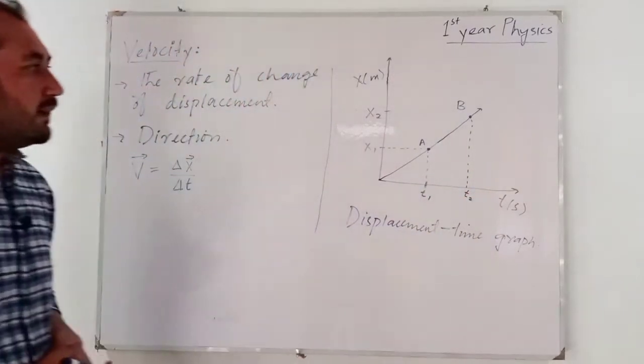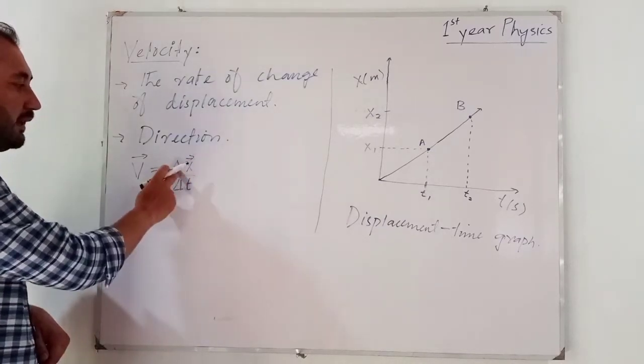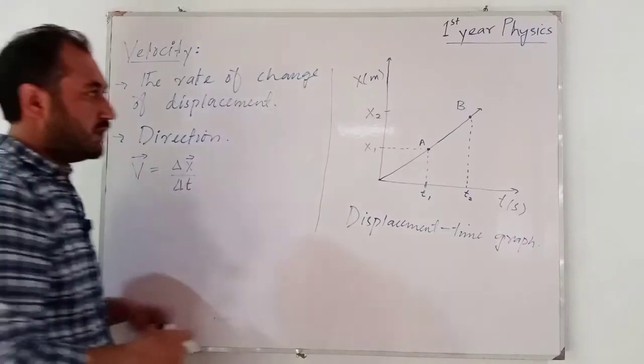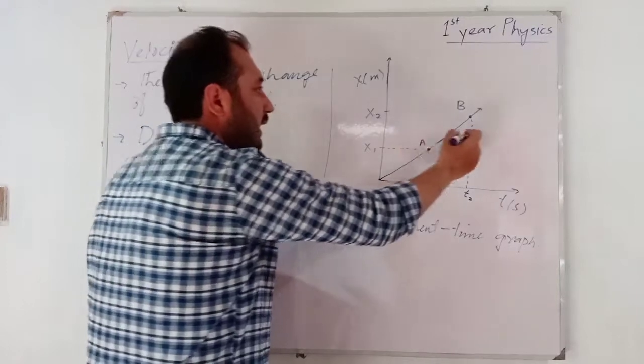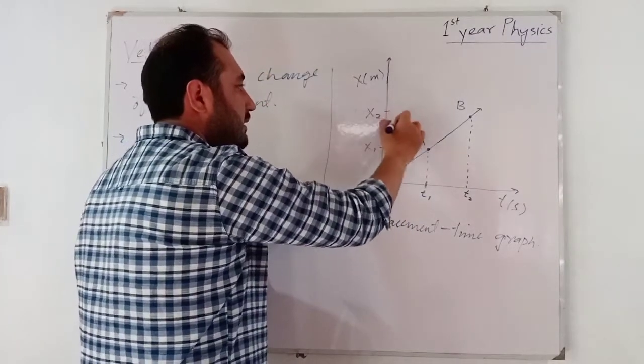Now, in order to find the velocity, you can see we have to find the change in displacement divided by the change in time. The change in displacement will obviously be x2 minus x1, which gives us this much displacement.